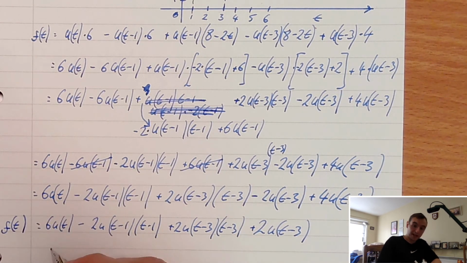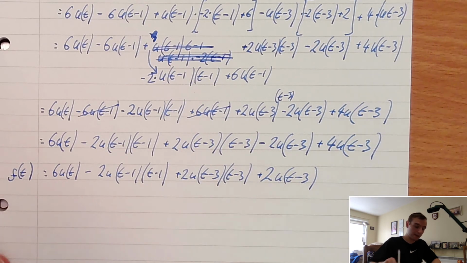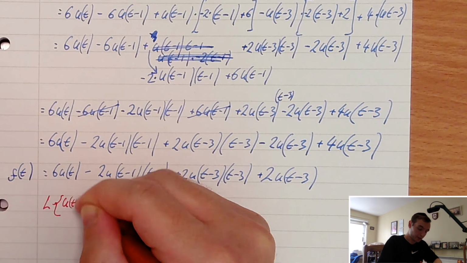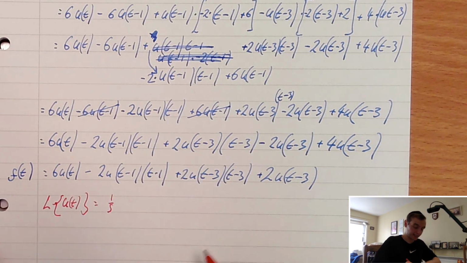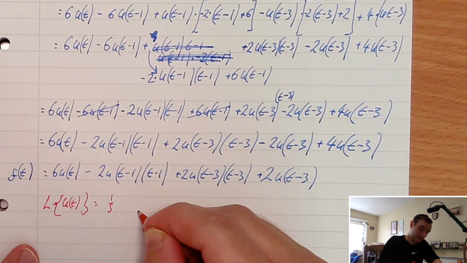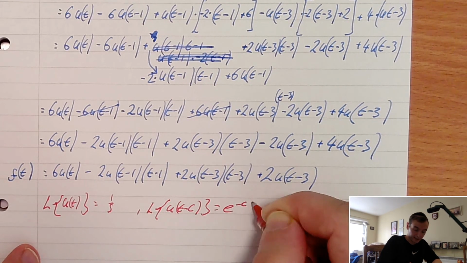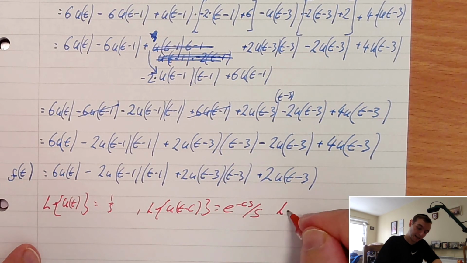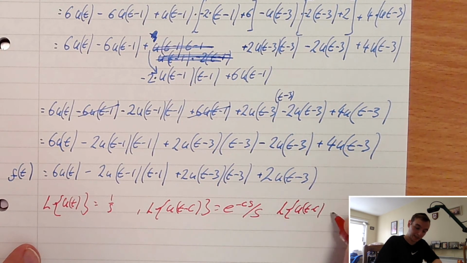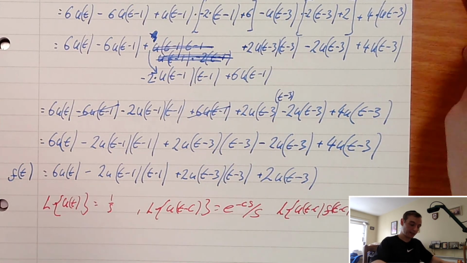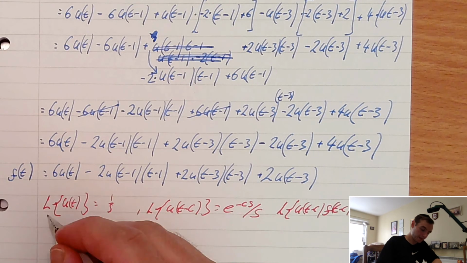So, based on the fact that we can now say that the Laplace transform of u(t) is 1 on s, as we established before, and the Laplace transform of u(t minus c) is e to the minus cs on s, and the Laplace transform of u(t minus c) f(t minus c) equals e to the minus cs F(s), we can now find the Laplace transform of the entire function.